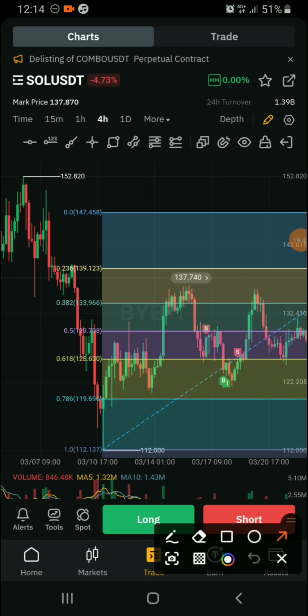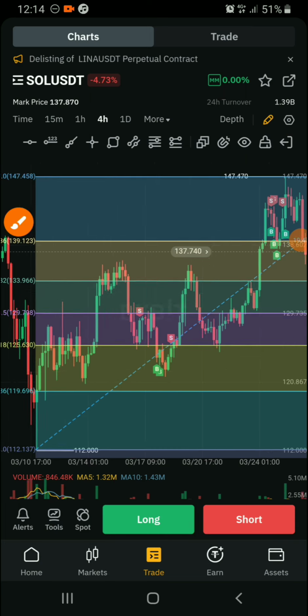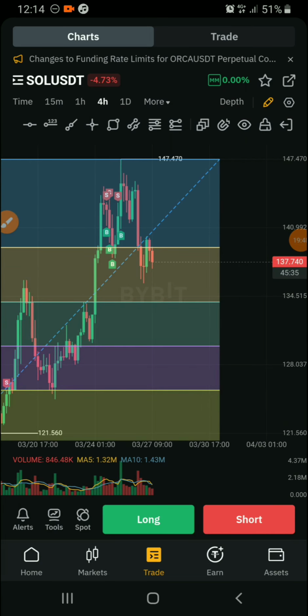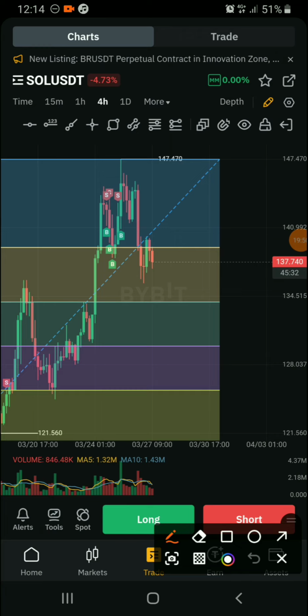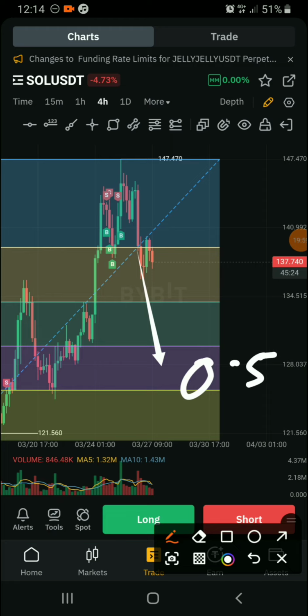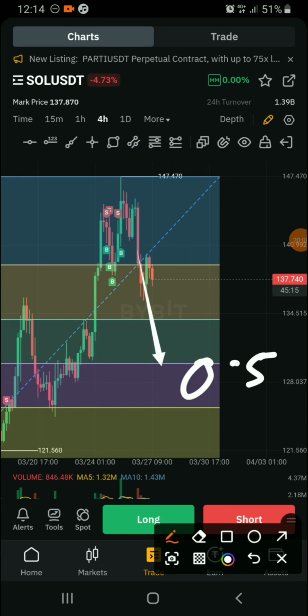If sellers were strong in the market and the price goes as low as this purple zone, which is the 0.5 zone, then it is more confirmation that the price will go back from this zone, because it is a perfect halfway pullback before the continuation continues.